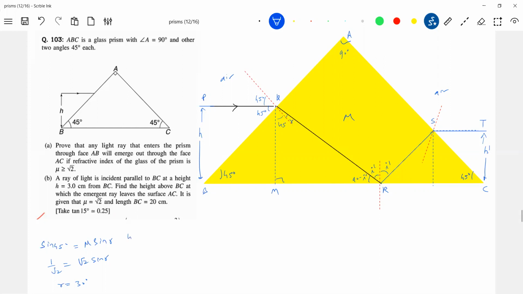Let's write one equation: 45 degrees plus R plus 90 minus I dash should be equal to 180 degrees altogether.